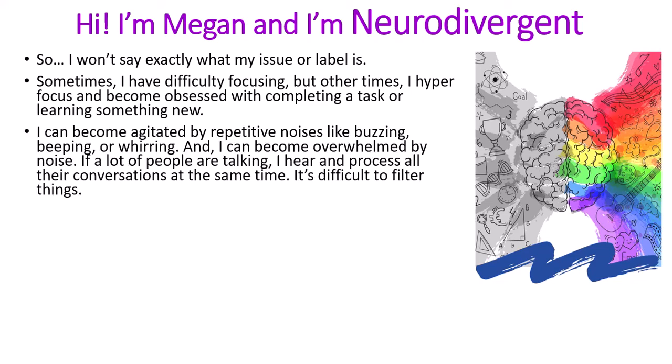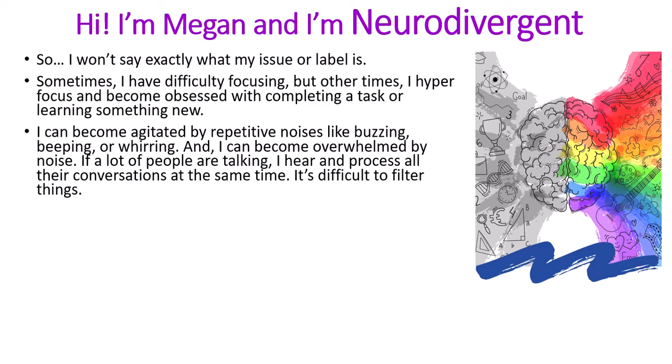I can sometimes become agitated by repetitive noises, so I have some sensory processing difficulties. So if I'm in a meeting where there's something buzzing or beeping or whirring, like an overhead light going out, it's really hard for me to sit there and concentrate and hear what else is going on in that meeting.